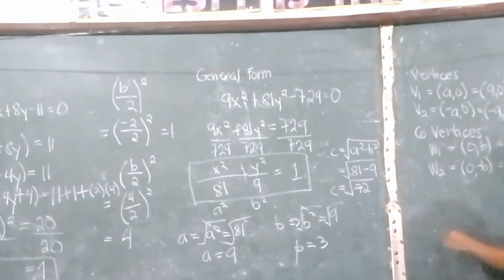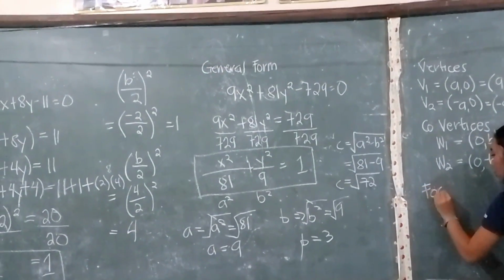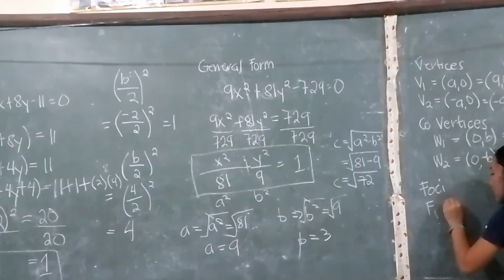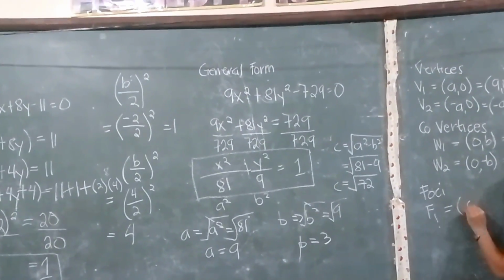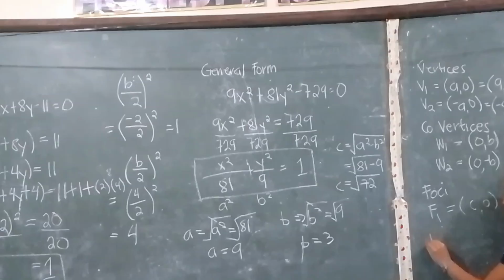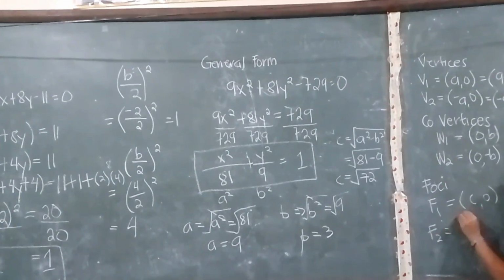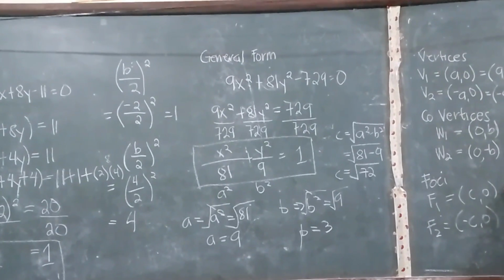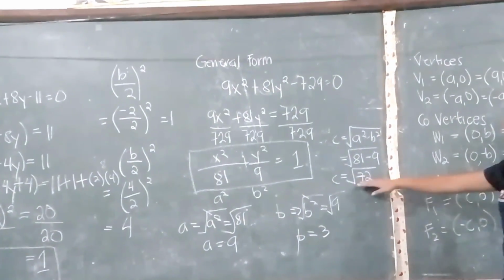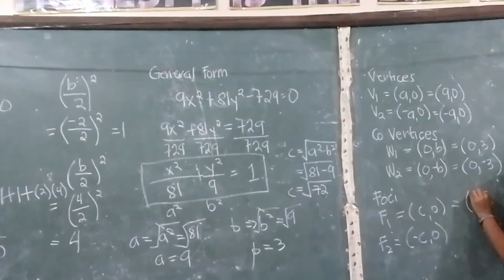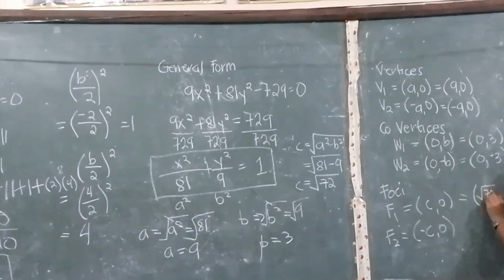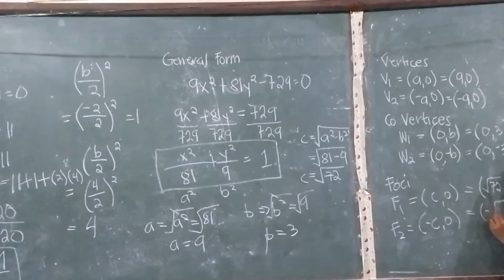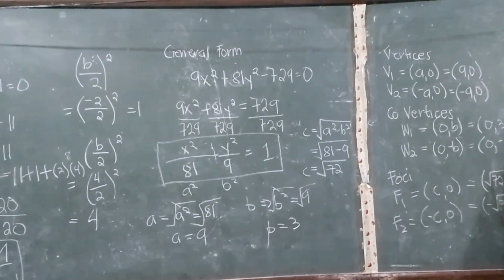For our foci, we have F sub 1 is equal to C and 0, and F sub 2 is equal to negative C and 0. Therefore, we have square root of 72 and 0, and negative square root of 72 and 0.